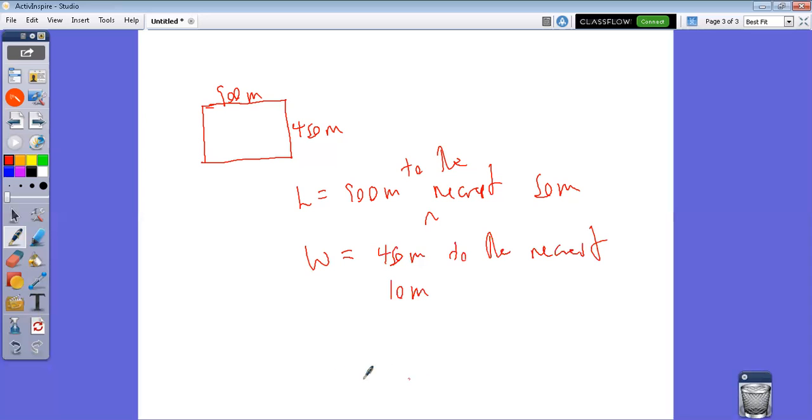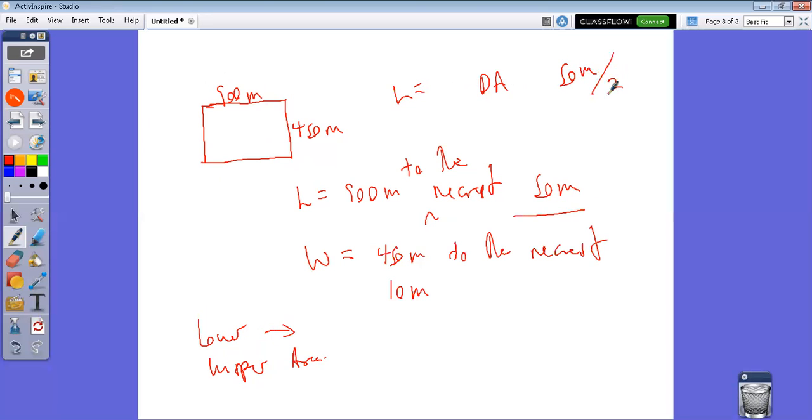So we can be asked, for example, to calculate the lower bound area and the upper bound area. And if we were to calculate the lower bound area, we need to find the lower bound for this and the lower bound for that. Clear? Yes, sir.